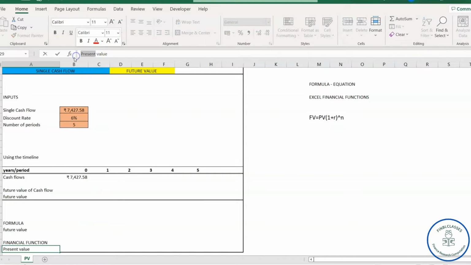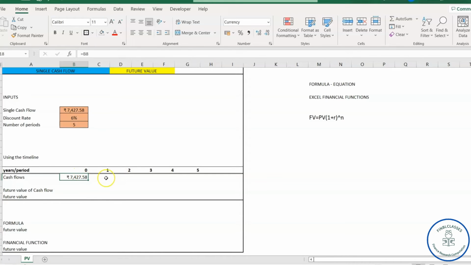Here we have just given the cell reference. The rest will only have 0, so just type 0 for each of them. Since the amount is in rupees and there is no formatting yet, you can also do the formatting: select the cells from B18 to G18 and put them in currency. You find the formatting has been done.